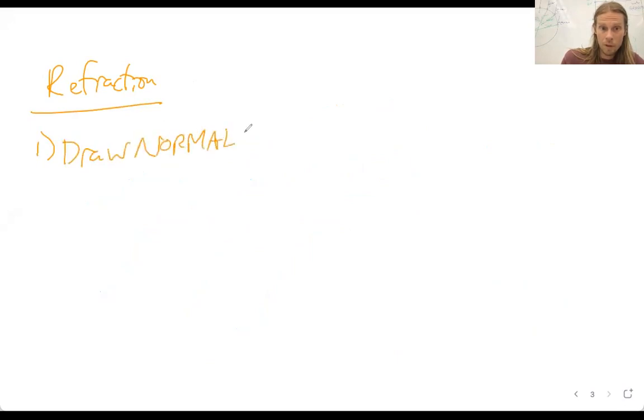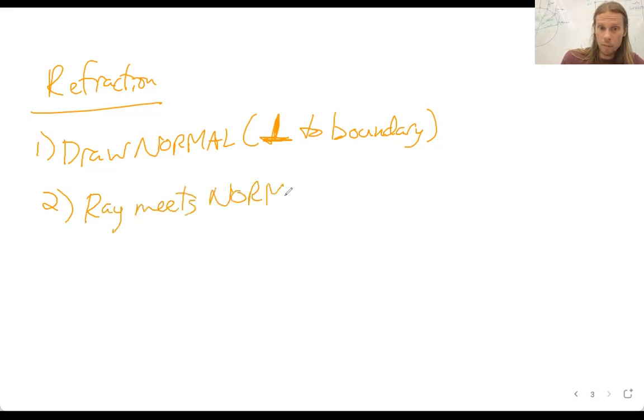When we do this, how do you do refraction? Well, here's my little step-by-step. Step 1 is draw the normal. It's perpendicular to the surface, to the boundary. Nice little perpendicular sign there, right? Draw the normal line. The ray meets the normal at the boundary.